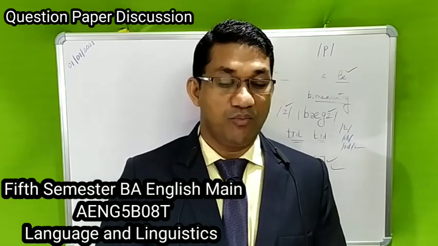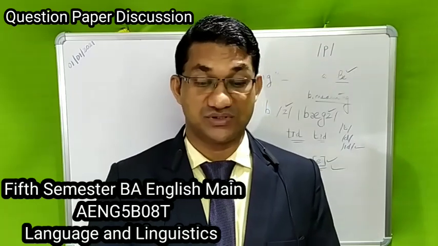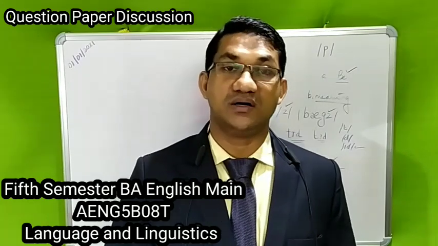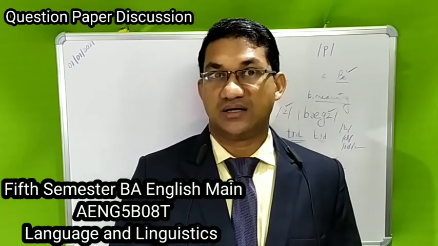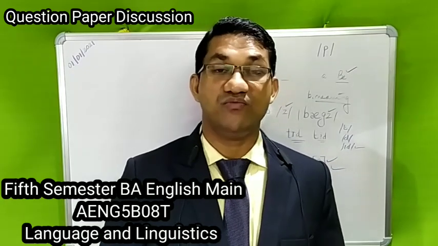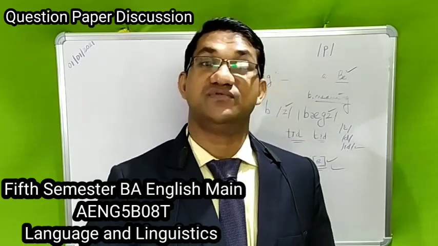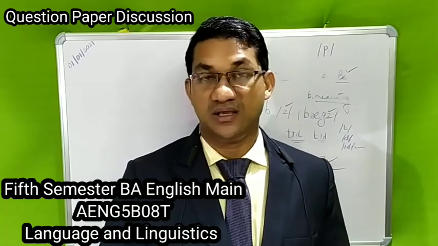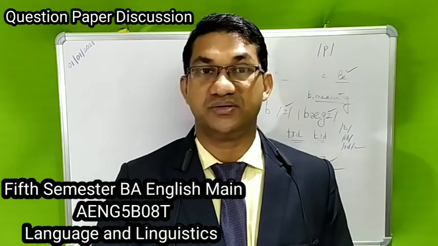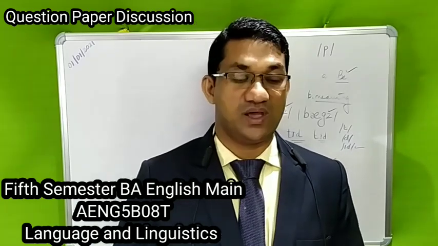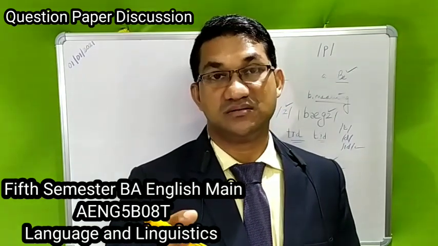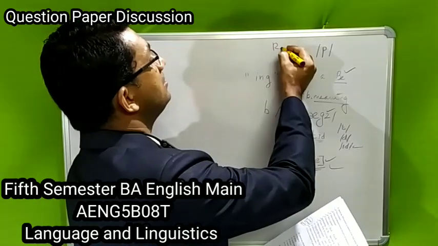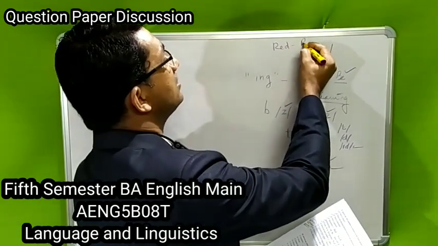All right, now homophones. What are homophones? Very easy to understand. Homophones are words which are articulated, pronounced in the same way. They can have different spelling and different meaning, but they are pronounced in the same way, sounding the same. Say for example, we have R-E-D, red, and the past tense of read, read.